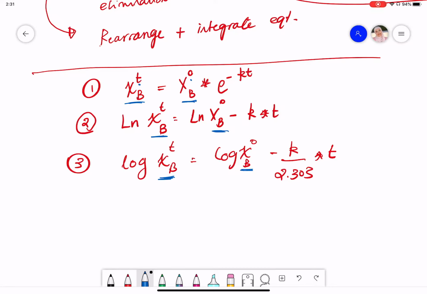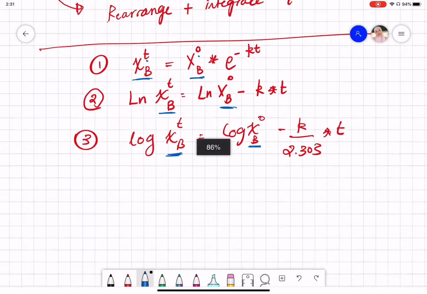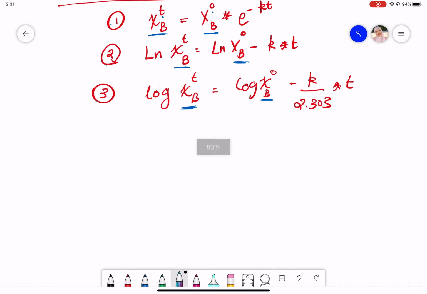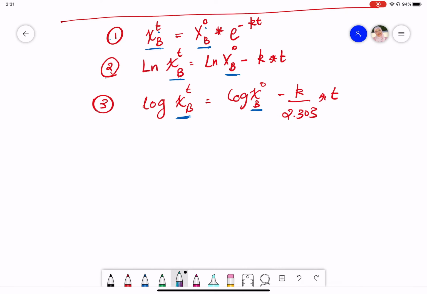Okay, before we go back to the concentration, let's draw it, and as we mentioned earlier, we can draw each and every equation according to the model that we have, and the graph that we are drawing on it.